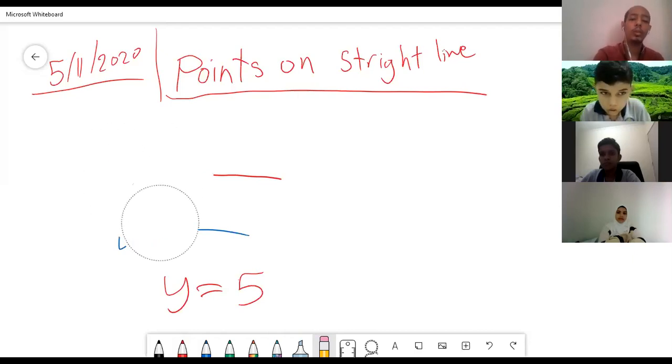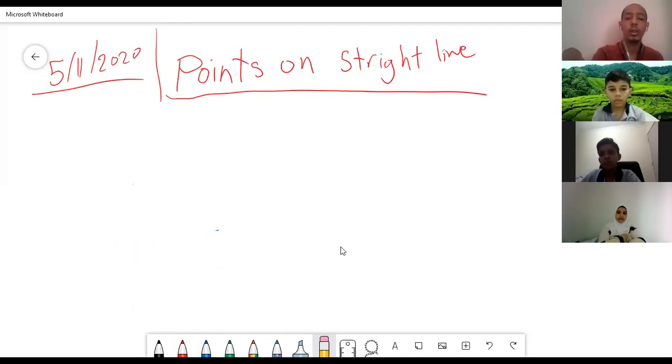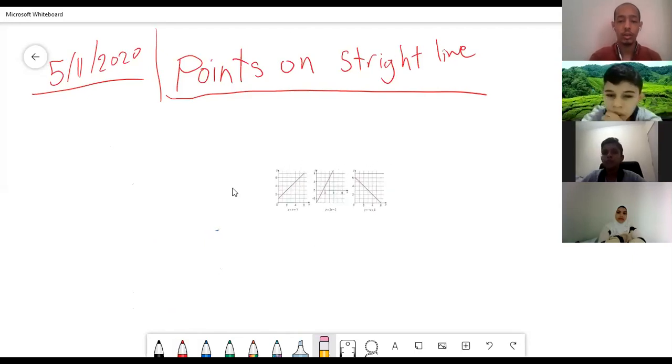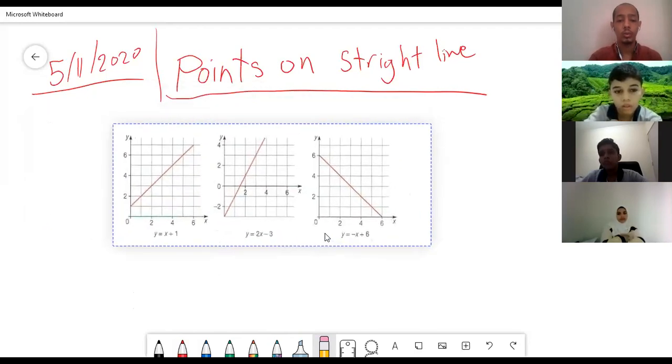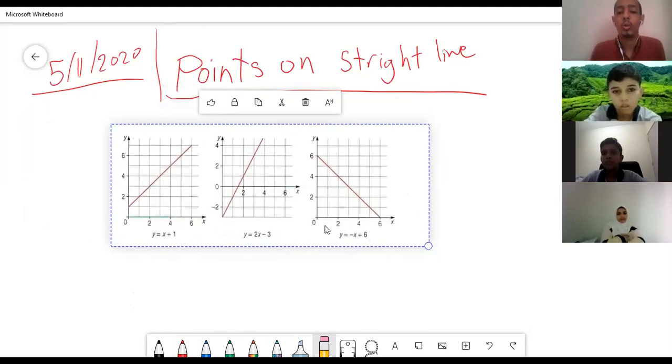If the straight line is not vertical or horizontal, it's going to have a function like what is shown here on the board. We don't have vertical or horizontal lines. Instead, we have lines with slope. So in this case, the line is going to have a particular function.